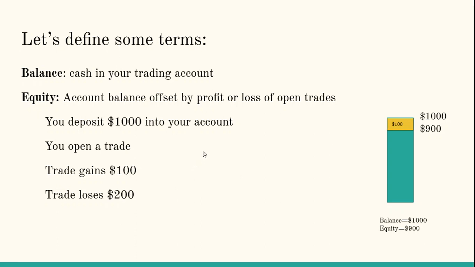The trade then loses $200, meaning we've drawn down from our original $1,000 by $100. So our balance is still $1,000 and our equity is $900. You close the trade and now our balance reduces to $900 and our equity is at $900.